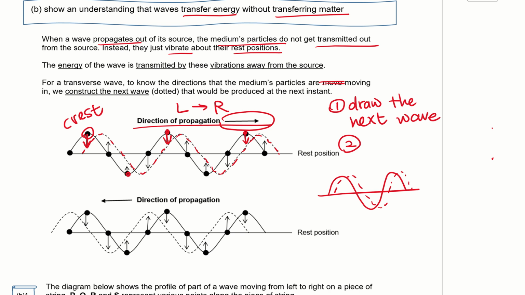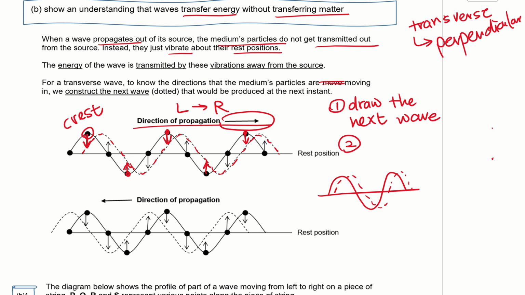For the particles at the trough, which is the lowest point, we know for certain that they will be moving up. Remember, this is a transverse wave. For a transverse wave, what comes to mind is that the particles are vibrating perpendicular to the wave direction.